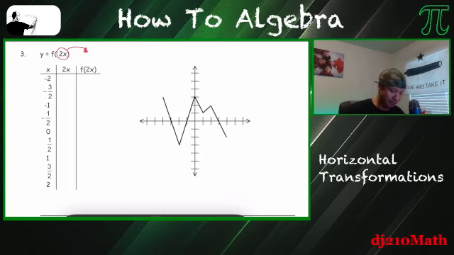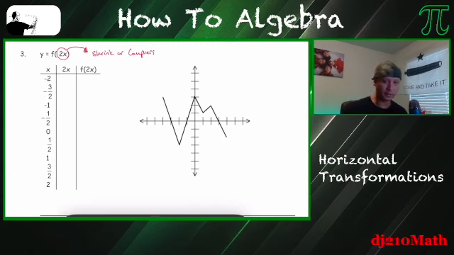Remember that again, the inside lies. So it's the opposite of what you think is going to happen. Even though we're multiplying by 2, because it's inside, it's actually going to get smaller. It's going to compress, it's going to shrink. Shrink or compress, however you want to think about it.